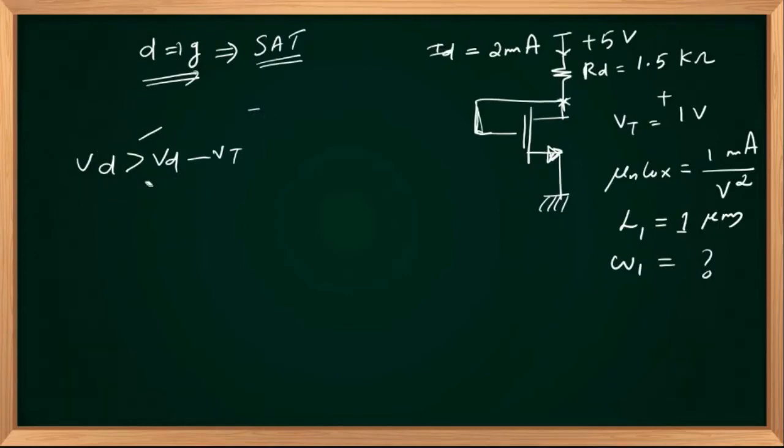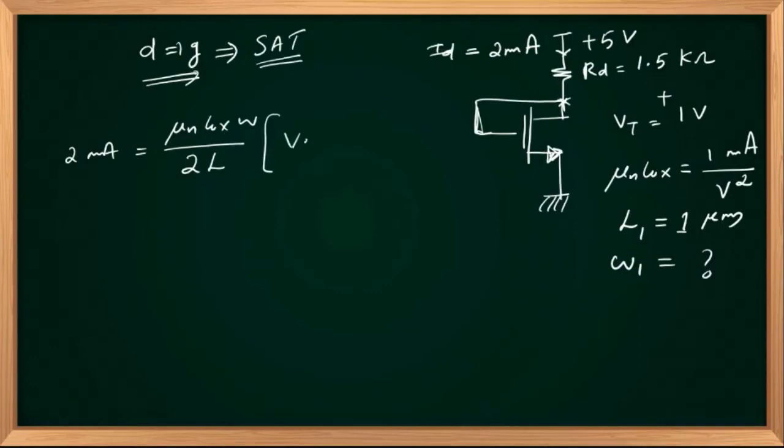And drain current is given to you. You can substitute and find the value of W1 easily. So 2 milliampere current flowing through this is mu n Cox W by 2L. Please don't miss that 2. 2L was our equation, multiplied by VGS minus VT the whole squared.